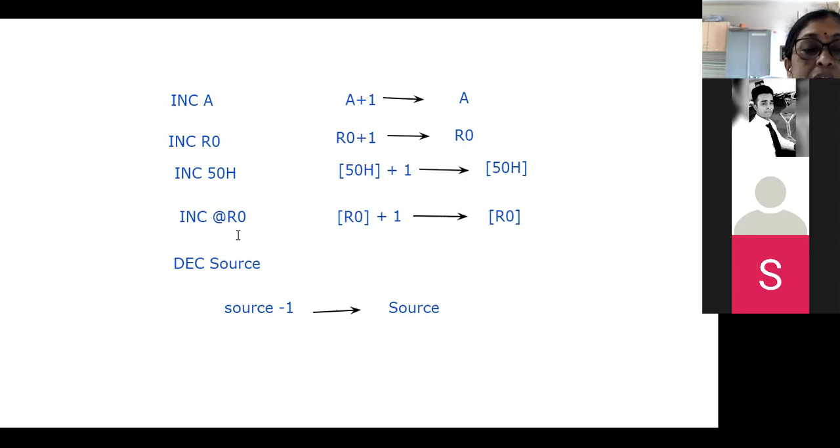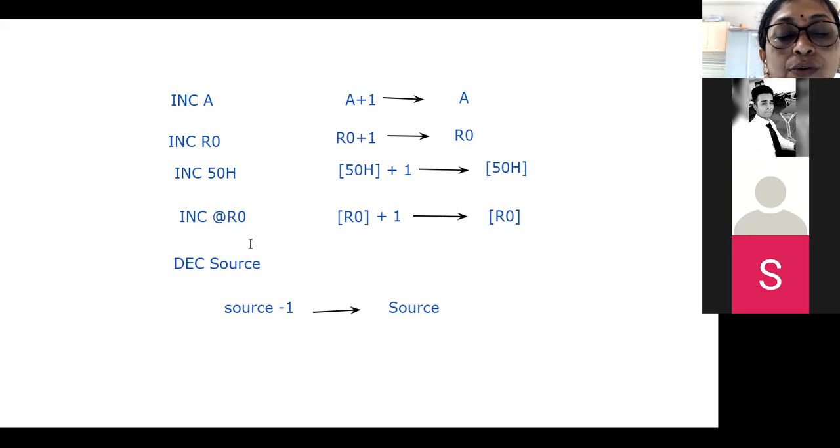Similarly, DEC @R0 means the data whose address is stored in register R0 will be decremented by 1, and the result will be stored at the address stored in register R0. That means [R0] minus 1 arrow [R0].